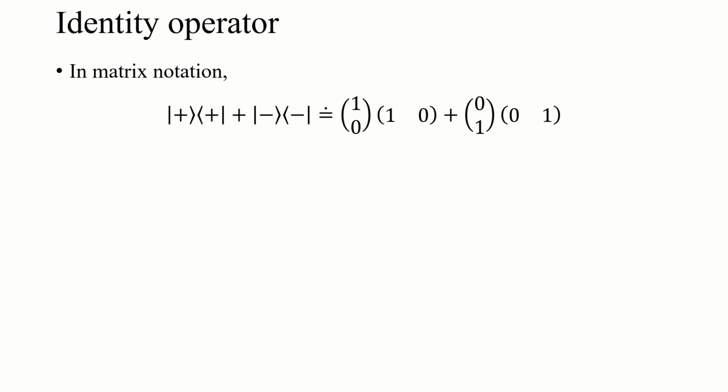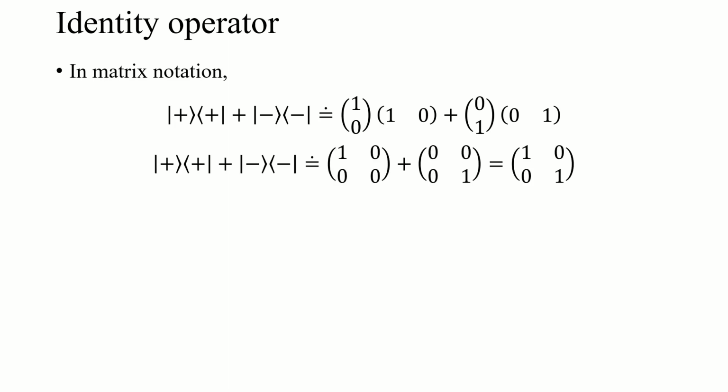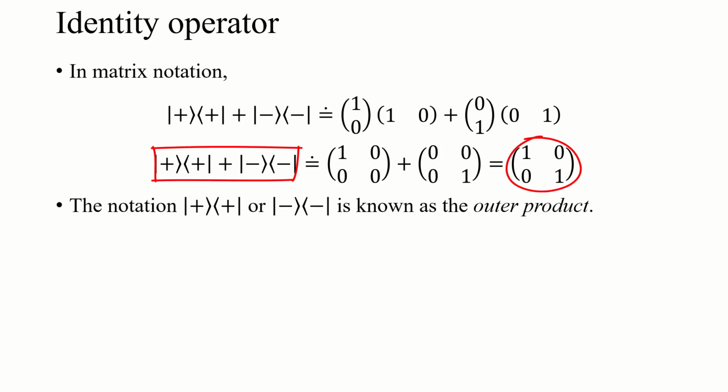If we write out those ket bra combinations in their matrix representation and carry out that matrix algebra, we get our identity matrix, and when we operate on any column vector with the identity matrix, we get back that column vector. So this notation does represent the identity operator in quantum mechanics.